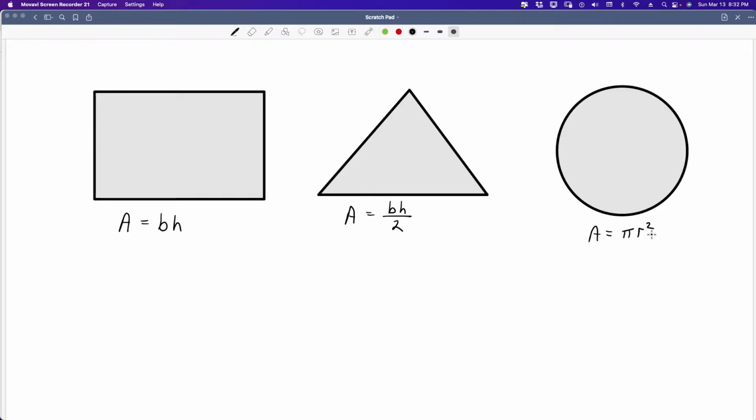But now we're going to discuss how to find the area of a parallelogram. So let me clear this page for you, and I will draw you a parallelogram as close as I possibly can.